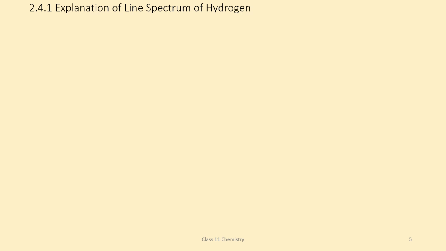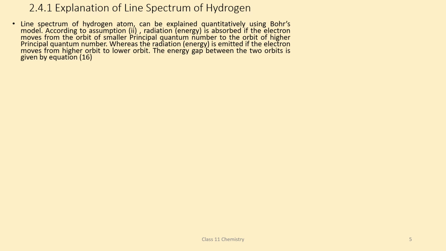Explanation of line spectrum of hydrogen. The line spectrum of hydrogen can be explained quantitatively using Bohr's model. According to assumption number 2, the energy or the radiation is absorbed if the electron moves from a smaller orbit, say for example n is equal to 1, to the orbit of principal quantum number 2.